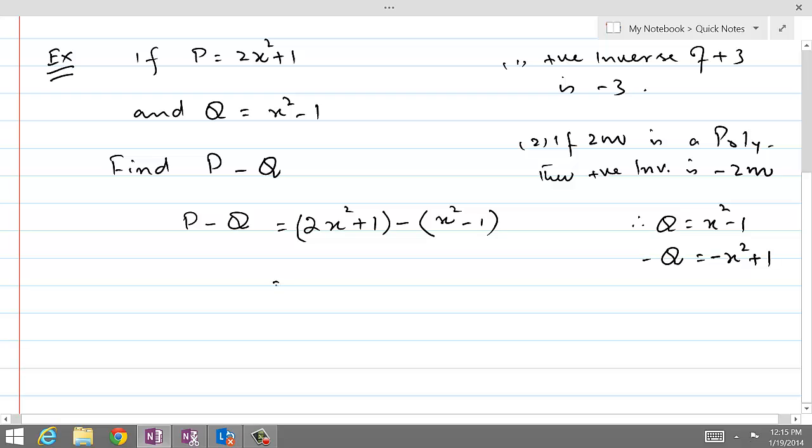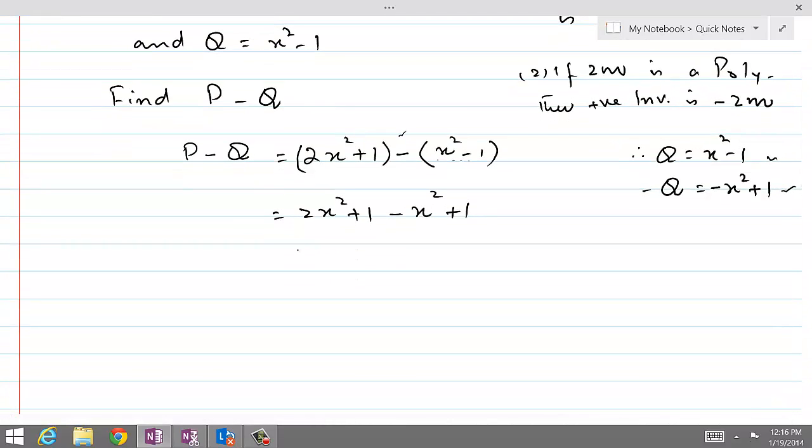This is 2x squared plus 1, and because of this negative sign, all the signs inside the brackets will change, because we want the additive inverse of q. So this will become minus x squared and then plus 1.